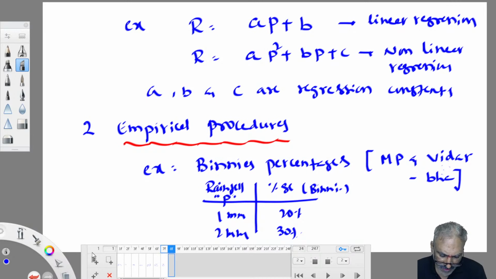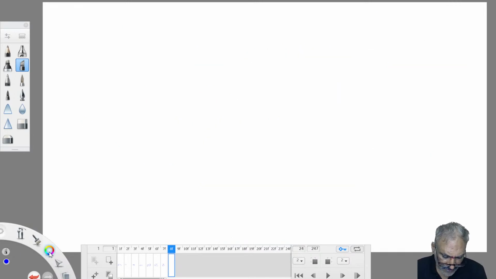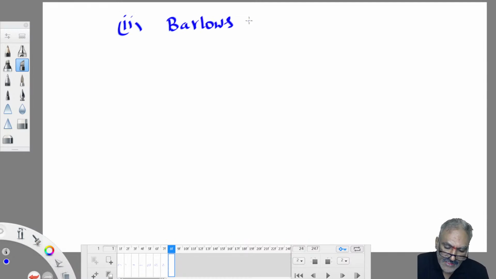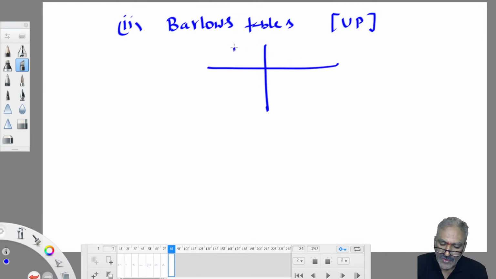Similarly, we also have Barlow's tables. These Barlow's tables are widely used in the Uttar Pradesh region; for catchments in UP, you can use them. Barlow developed a table directly: you know the rainfall, find the runoff. For 1 mm rain, runoff may be 0.2 mm.